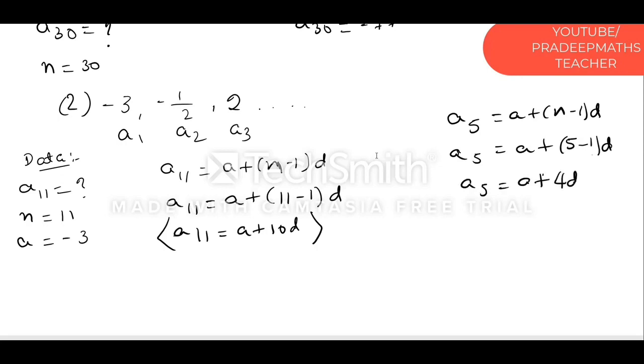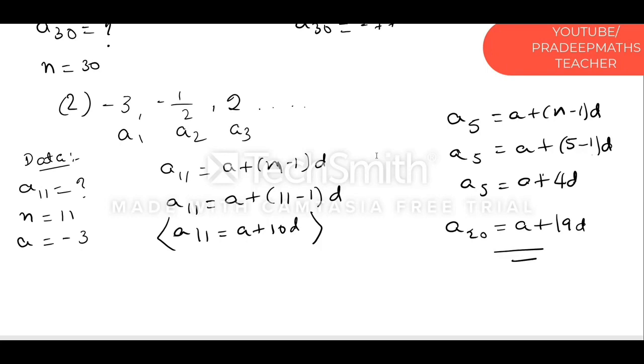Likewise, from next onwards I'll write directly. If they have asked for the a20th formula, it will be a plus 19d, clear? Because a plus n minus 1 into d, 20 minus 1 is 19. So like this you need to write. As I said, from next onwards I'll write the formula like this.